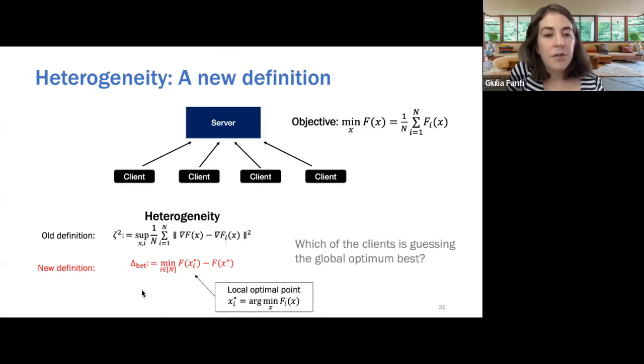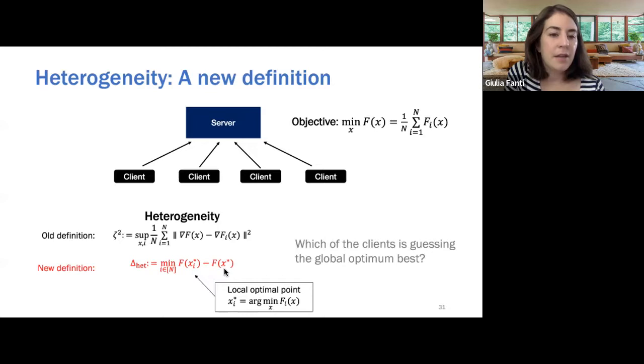The new definition that we used for this exploration, which I'm going to call delta het, is effectively evaluating which of the clients is guessing the global optimum best. So the definition is the following.